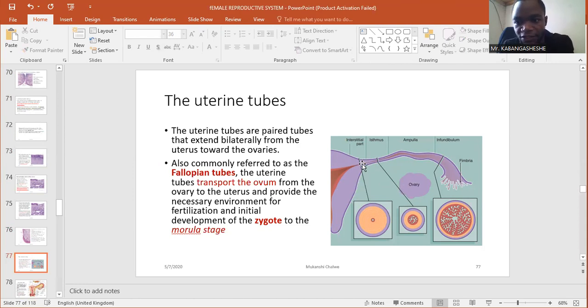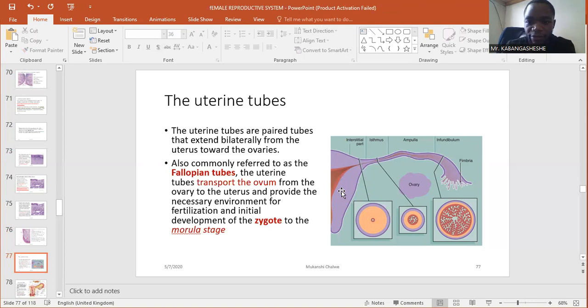It is the function of the fallopian tubes to collect the ovulated ovum and transport it towards the uterus. So the ovum will come from the ovary, be picked up by the uterine tubes, and then brought here, where if fertilization occurs somewhere along the uterine tube, the fetus will start growing in the uterus.